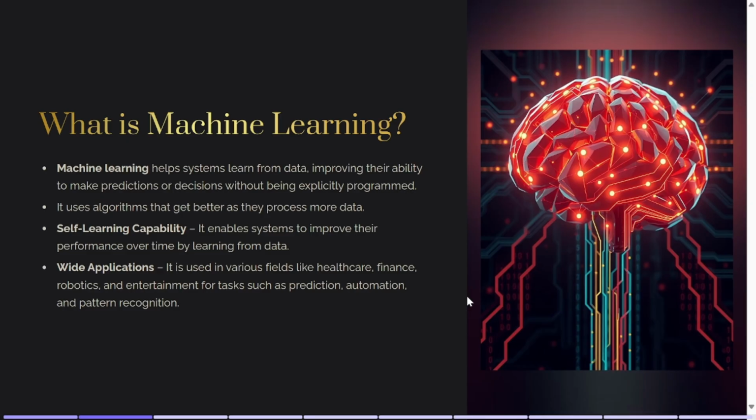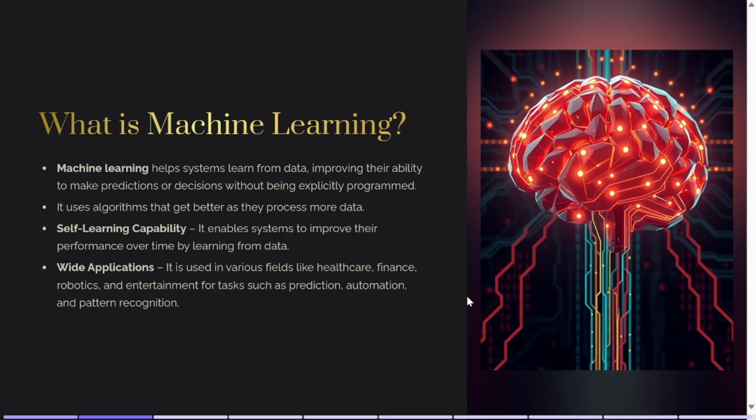Before diving deeper into generative models, let's quickly revisit the foundation of machine learning. Machine learning is a branch of artificial intelligence that enables systems to learn from data and improve their performance without being explicitly programmed for every task.